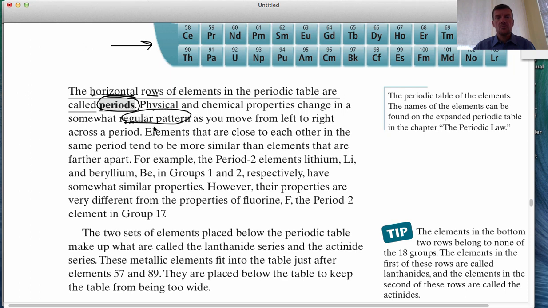There is definitely a regular pattern here, a systematic way that these are organized, and that pattern is reflective of the properties and the electron arrangement, called the electron configuration. Elements that are close to each other in the same period tend to be more similar than elements that are far apart. If things are in the same group, or in groups next to each other, they're going to have similar properties, or at least more similar than if they're far apart.